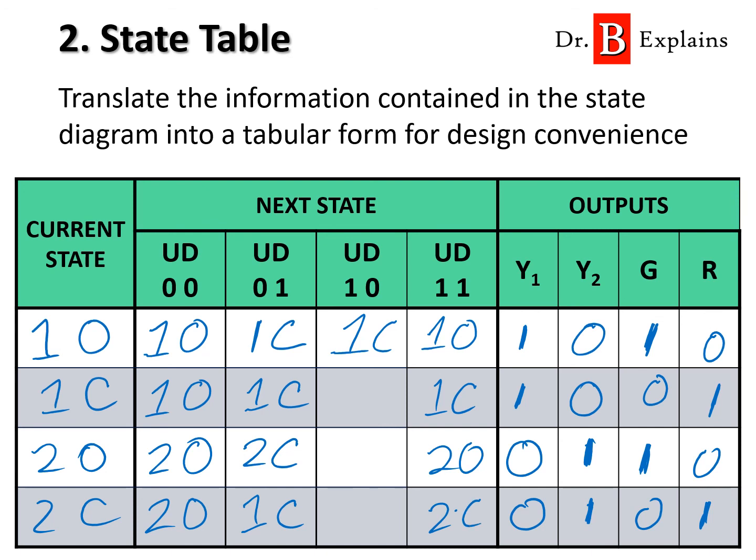Now this one, I'm in 1C, and I press a 1, 0, I go to 2C. If I'm in 2 open, and I press the 1, 0, I go to 2C as well. And this one I'm in 2C, I press the up button, I remain in 2C. Okay, so something like that.